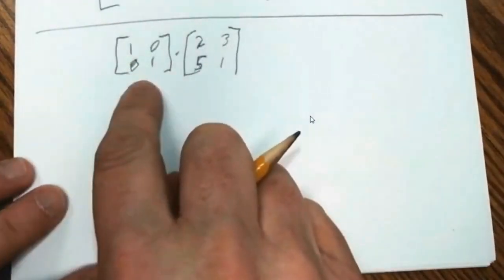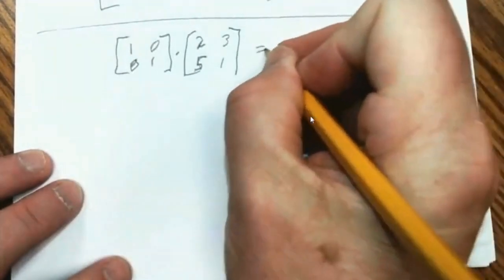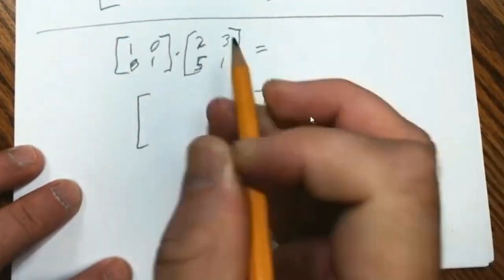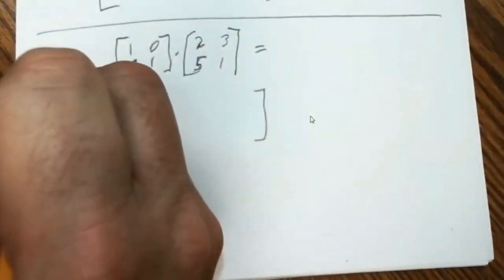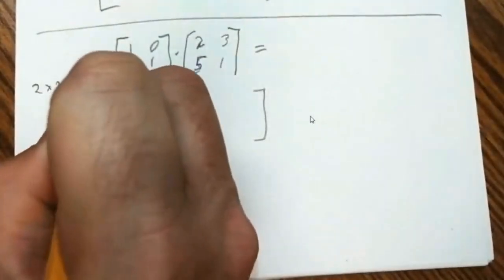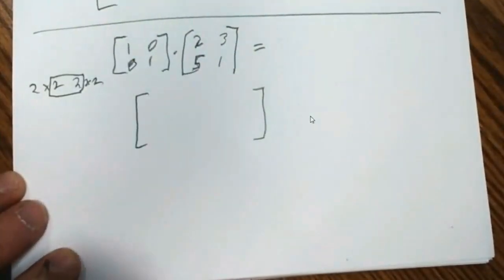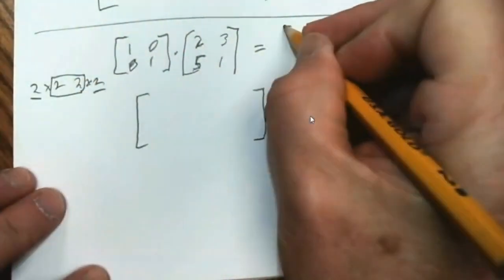This is an identity matrix, 1 0 0 1. When we multiply these, it's a 2 by 2 being multiplied by a 2 by 2. So those middle numbers are the same. We can multiply, and we're going to end up with a 2 by 2. So this is going to be a 2 by 2 answer.